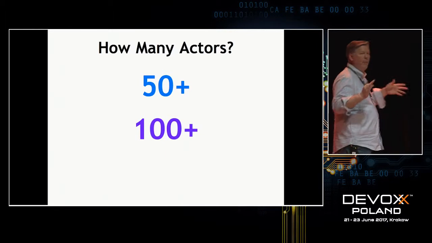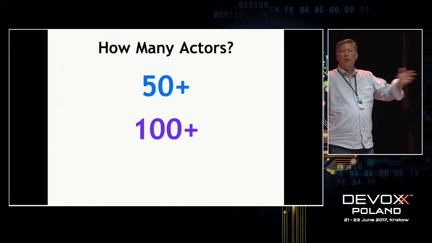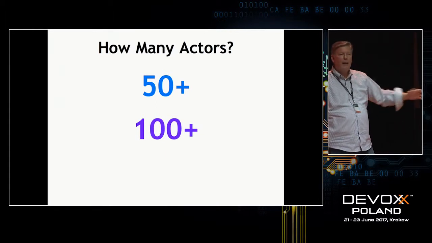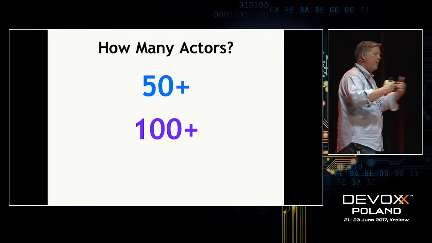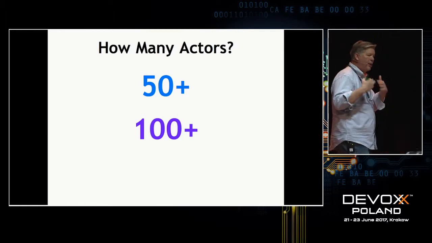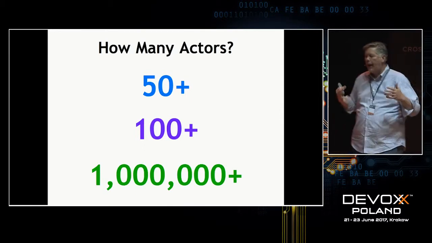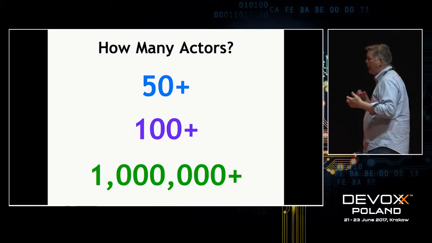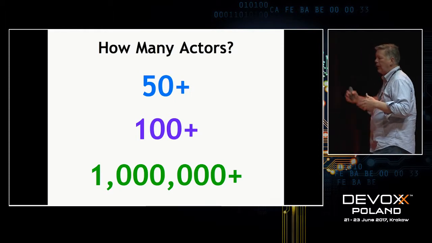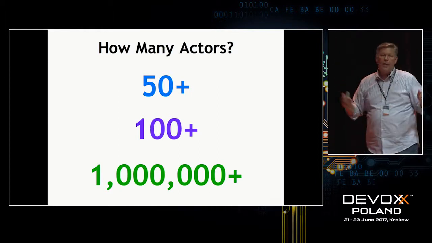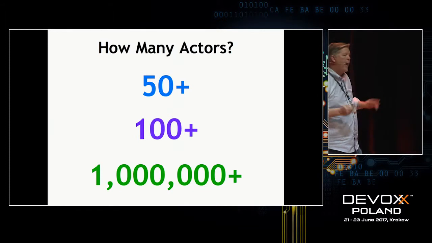But actually remember that actors are very much like objects. In fact, they're just like objects, except we do not invoke methods on them, we send them asynchronous messages. And so actually having 1 million or more, maybe even several million actors in a single VM is not unusual at all. So actors scale.